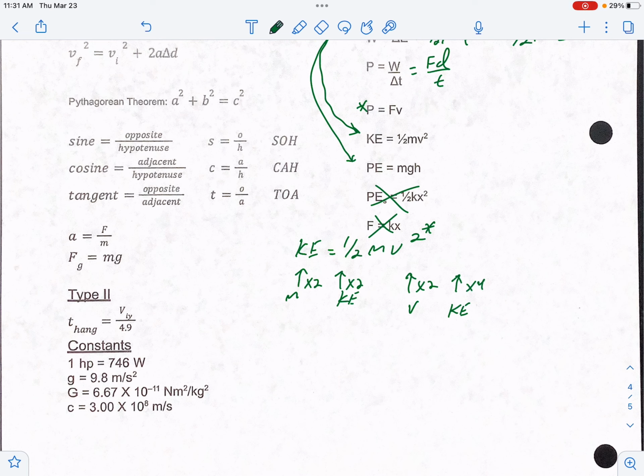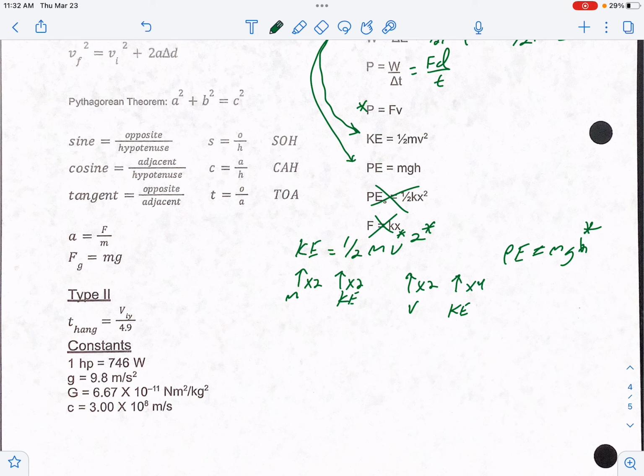So that's something you got to be really careful for on that part. And there's not really much special about potential energy. You just need to know that potential energy is mass times gravity times height. So the key thing about potential energy is it deals with height. Kinetic deals with velocity. Both have mass, okay, but kinetic is movement, potential is height. So if you have height, you have potential. If you have movement, or velocity, you have kinetic.